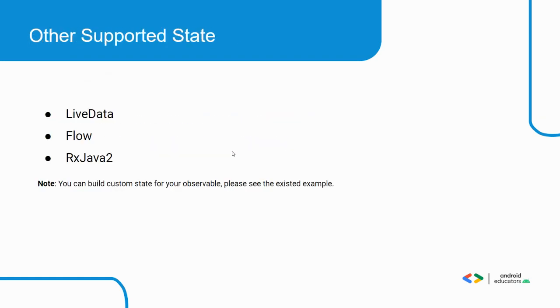And if you have another observable as well, like Flow or RxJava, there are already created extension functions for that in order to create mutable state from LiveData, from Flow, from RxJava 2. So for LiveData there is a LiveData object dot observeAsState. This is how you can get the state object and you can use it in the composition.